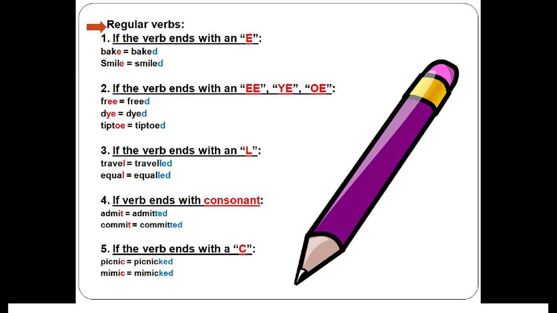Examples: admit, admitted; commit, committed; stop, stopped. If the verb ends in c, you need to add a k before adding ed. Examples are picnic, becomes picnicked; mimic, becomes mimicked.